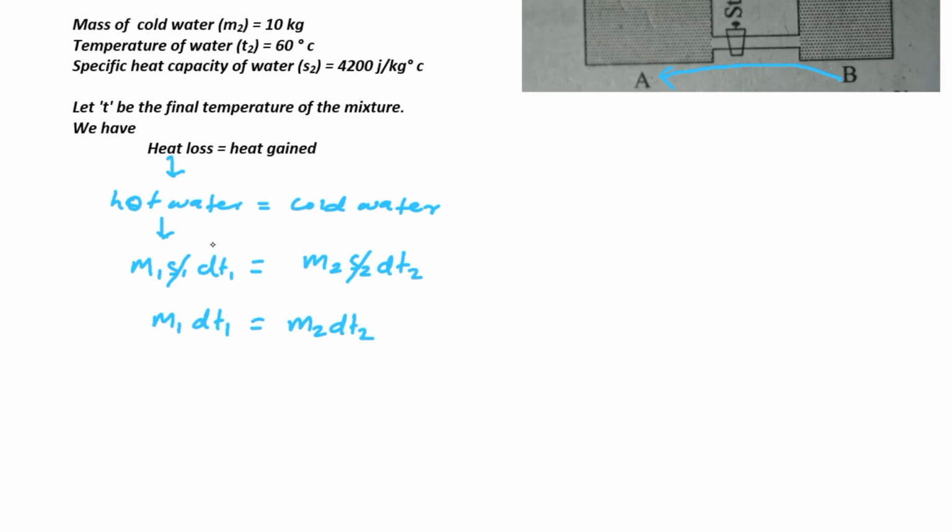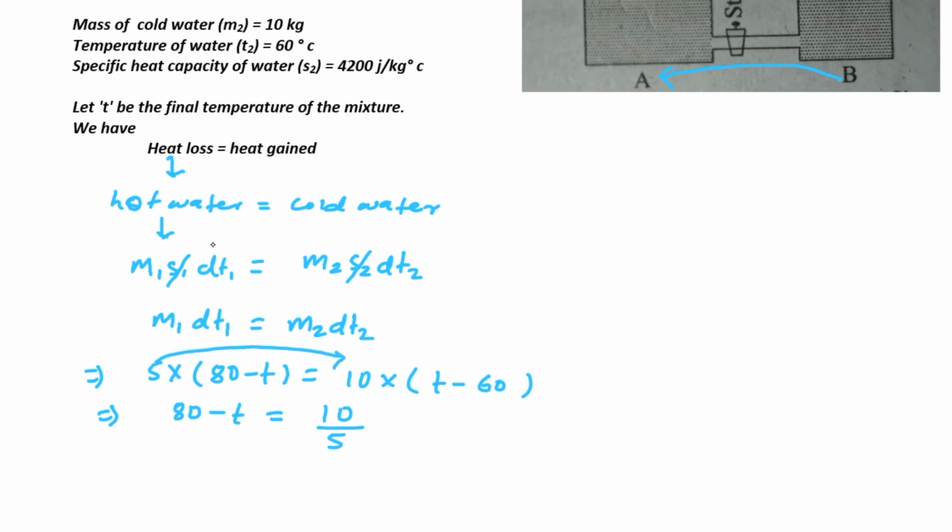So the mass is 5 and the change in temperature is from 80 to T, and here we have 10 and the change in temperature is T to 60 degrees Celsius, because it gains heat. Just solve it. 80 minus T, here 10 divided by 5, it is in multiplication so it comes in division, into T minus 60.